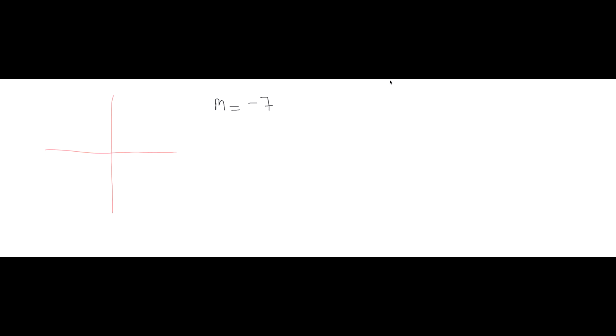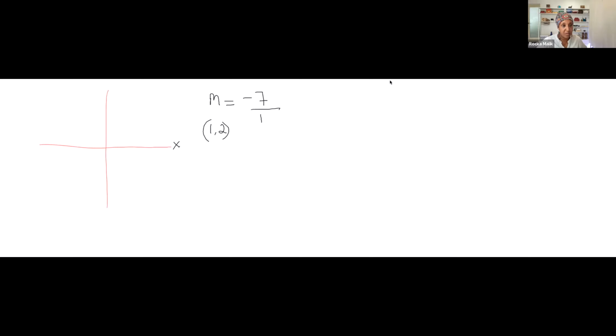And then my point is 1, 2. I always try to write my slope as a fraction so I don't forget what I'm doing. So my point that's on this line, because they gave it to me, is 1, 2. So my x is 1 and y is 2. I start at the origin and go over 1 and up 2.